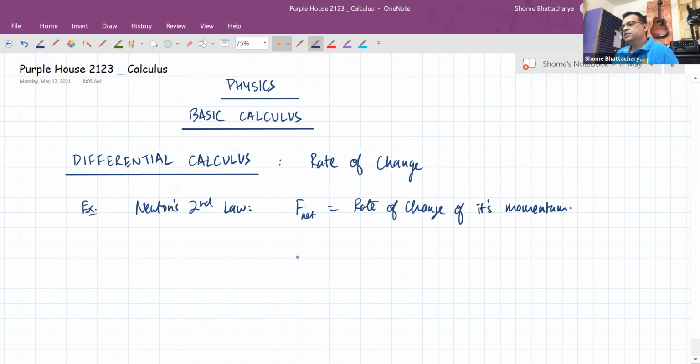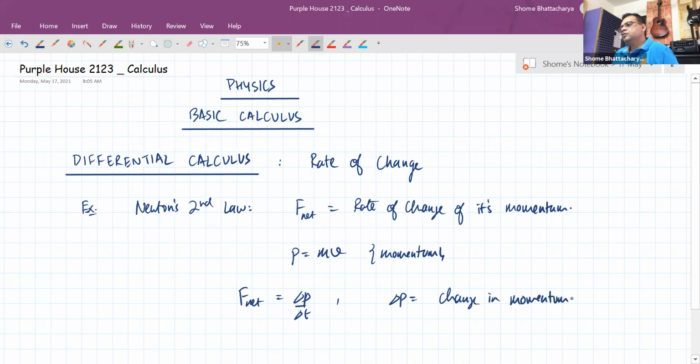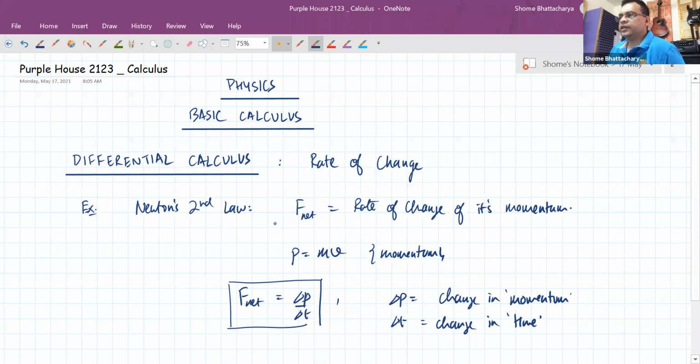So if we write momentum using the symbol P, which is mass times velocity, then the net force becomes the rate of change of momentum. So here, this is change in momentum, and this is change in time. So that's one approximate way of defining Newton's second law using an equation: the net force acting on a body equals the rate of change of its momentum.